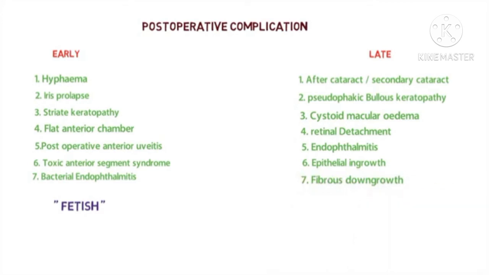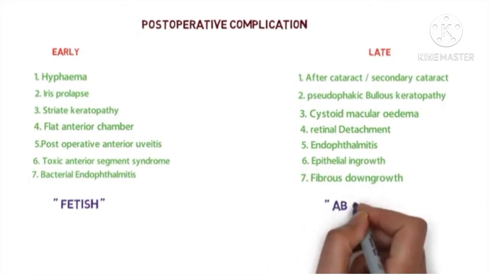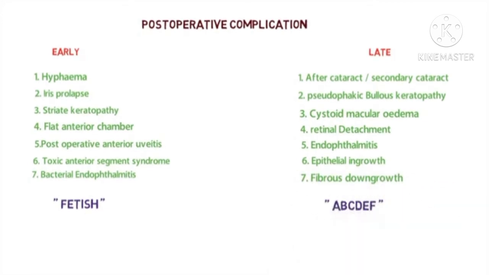So how can we remember the late complications? It is very simple: A, B, C, D, E, F. A for after cataract, B for bullous keratopathy, that is pseudophakic bullous keratopathy, C for cystoid macular edema, D for detachment, that is retinal detachment, E for endophthalmitis and epithelial ingrowth, and F for fibrous downgrowth.